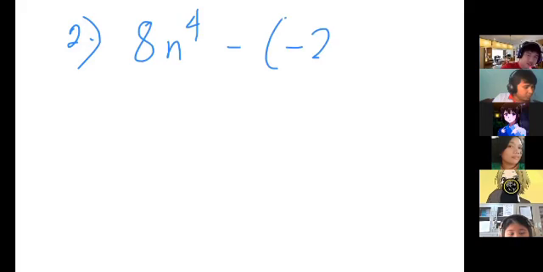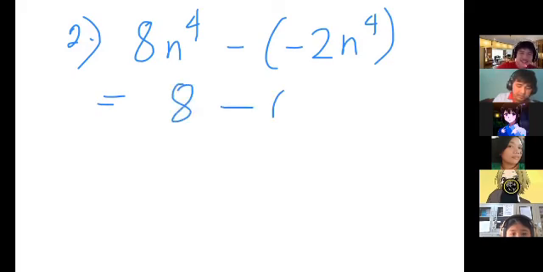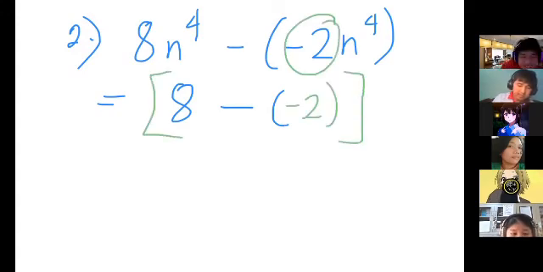Number 2, subtraction: 8n to the 4 minus negative 2n to the 4. So this is 8 minus negative 2, and then the variable is n to the power 4.